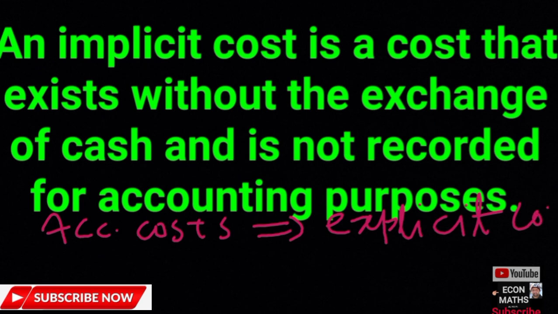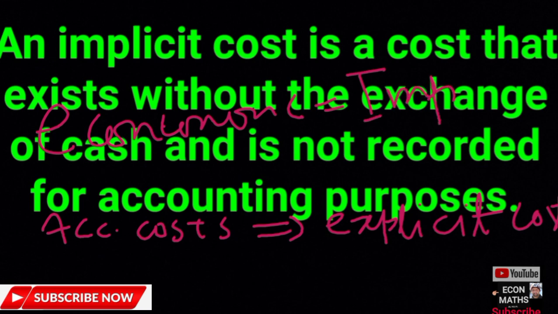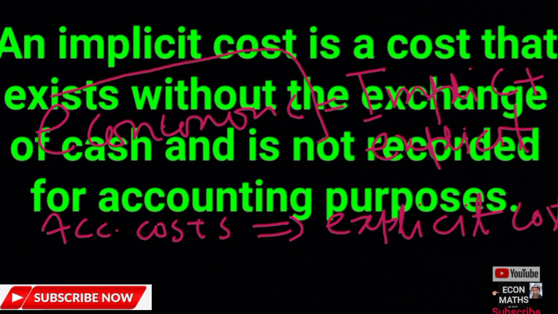But the economic costs include both implicit and explicit costs. So the implicit costs, though they are costs, are not recorded when we are dealing with accounting costs. But when we are dealing with economic costs, we include both the implicit and the explicit costs.